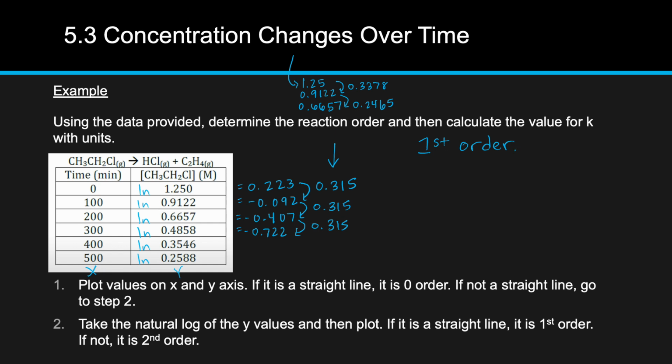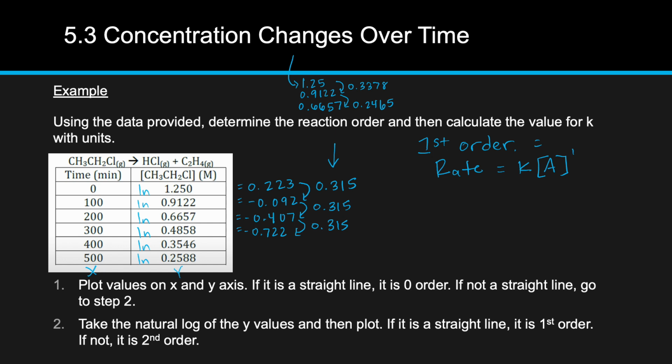So then we need to calculate A. When we have a first order reaction, we know that the rate is equal to K with the concentration of A, and since this is first order, it's going to have a 1 or nothing there.